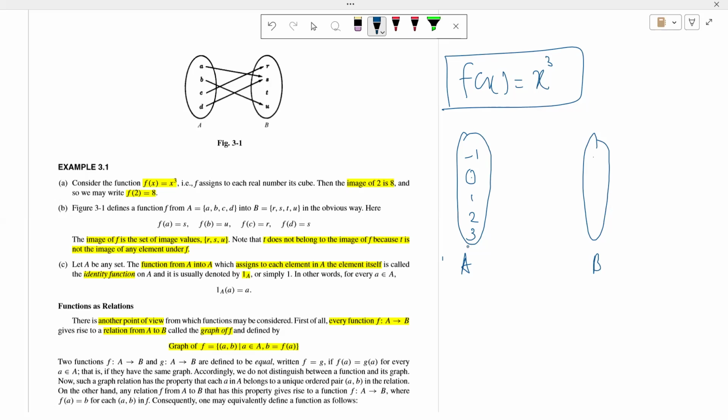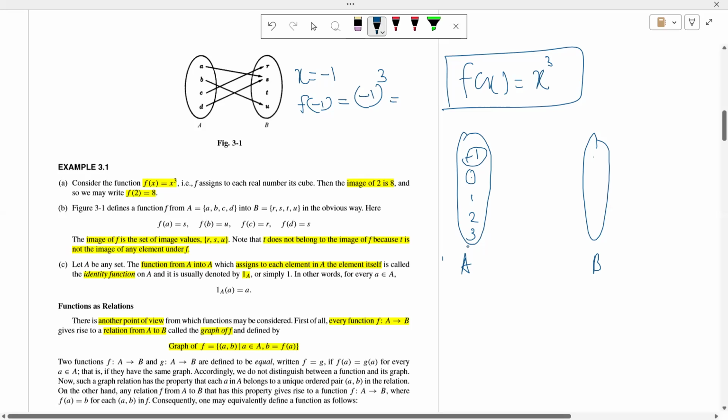How can you write it here? If my input is -1, which is one of my domain elements, then in the function I can replace x with -1. If I put x equal to -1, then f of -1 is equal to what? -1 to the power of 3. Minus into minus into minus gives minus, so -1. So here -1 is the image.